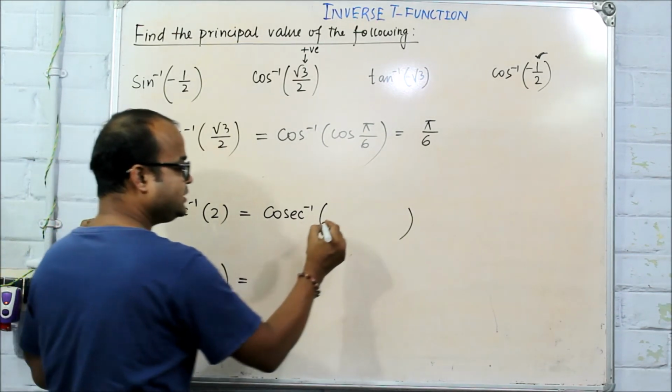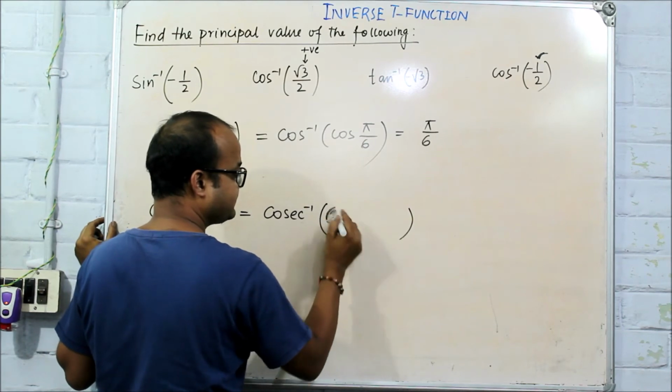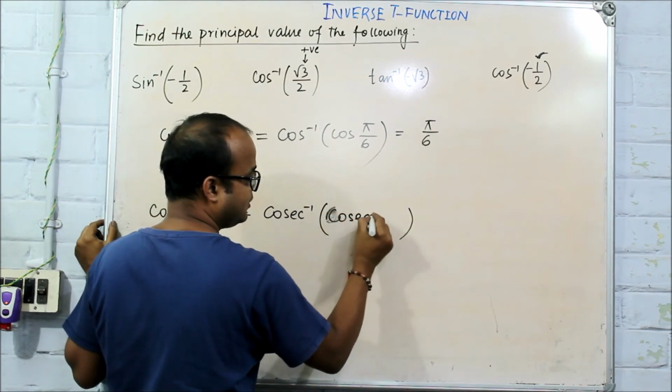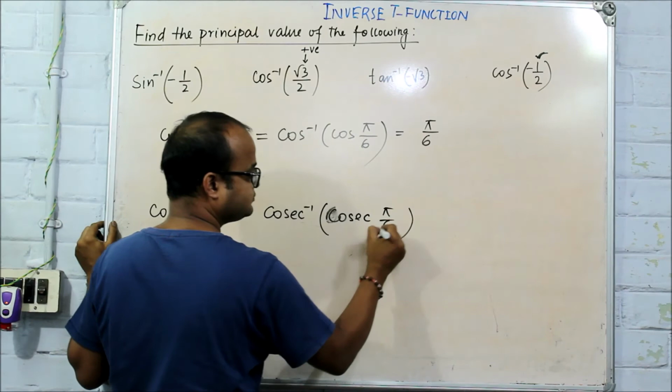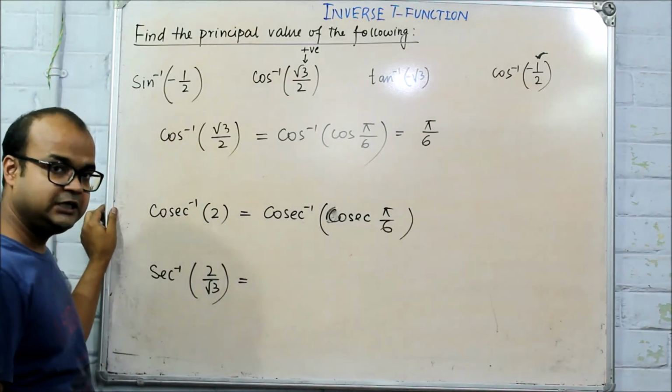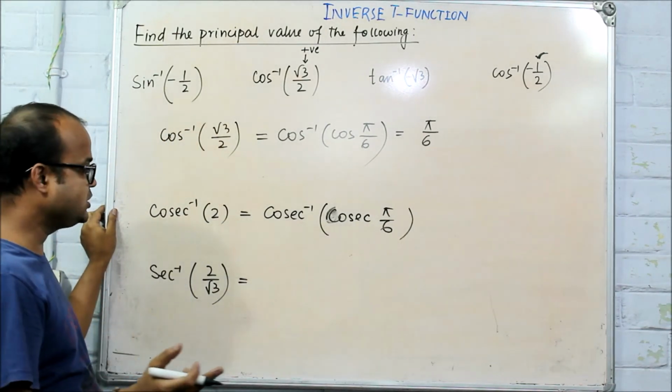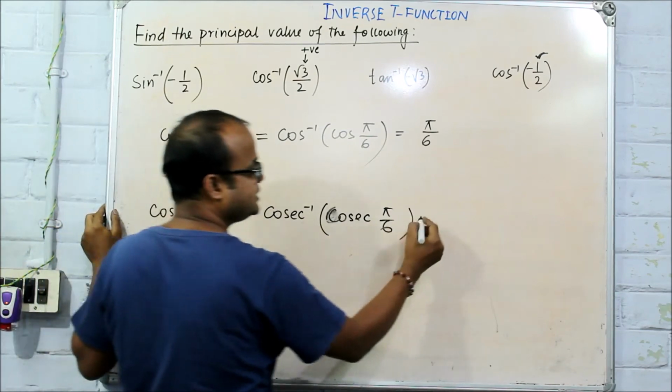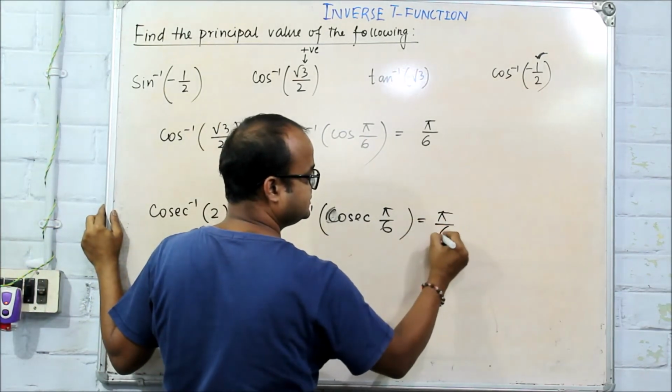Clear? Cosec pi by 6: sin 30 is half, so cosec 30 is equal to 2. So cosec pi by 6 gives 2, and your answer is pi by 6.